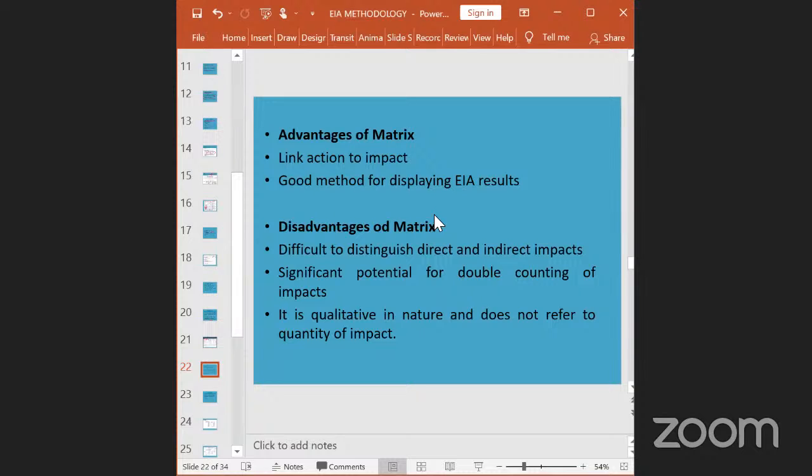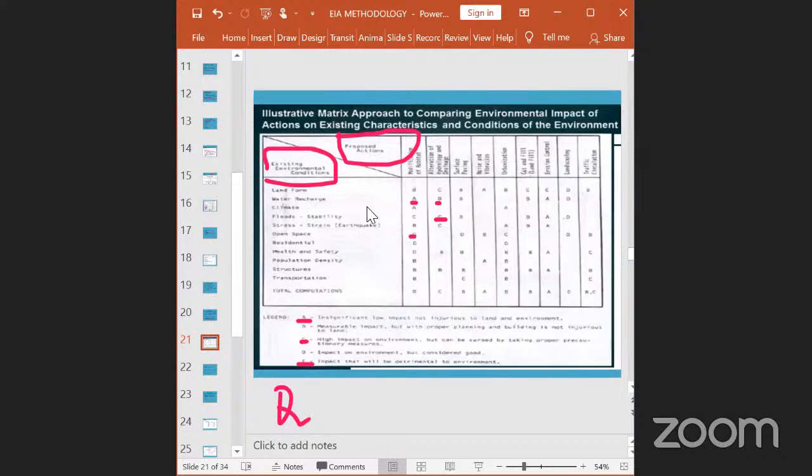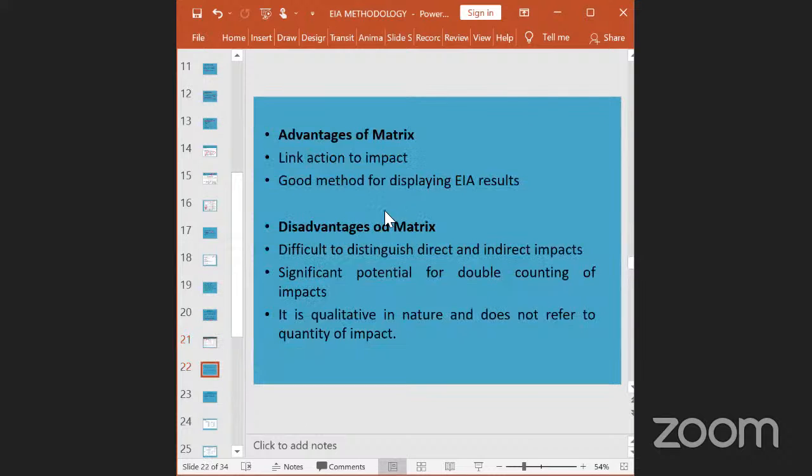Some of the importance of matrices. So matrices are two-dimensional tables, right? These facilitate the identification of impacts arising from the interaction between project activities and specific environmental components. The entries of the cells of the matrix can be either qualitative or quantitative estimates of the impact. So these are the importance of the matrix.